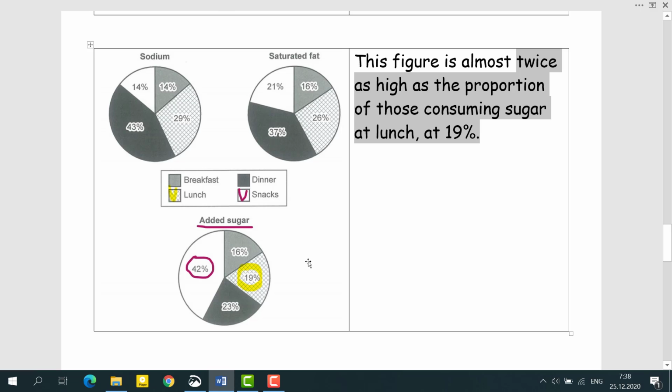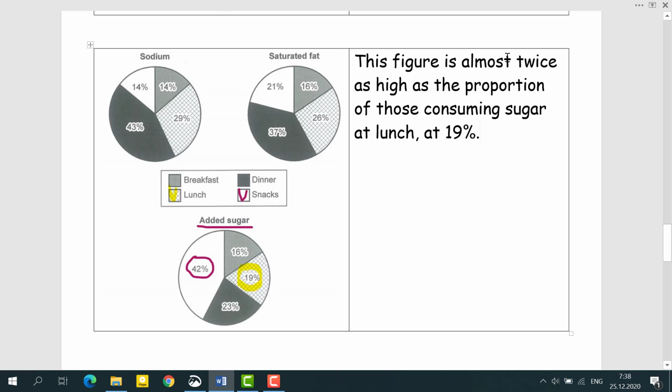Lunch at 19%. So now I'm comparing them. What is the difference between 42% and 19%? Okay, so 19 plus 19 is almost 42%, and that's exactly what I've written here.